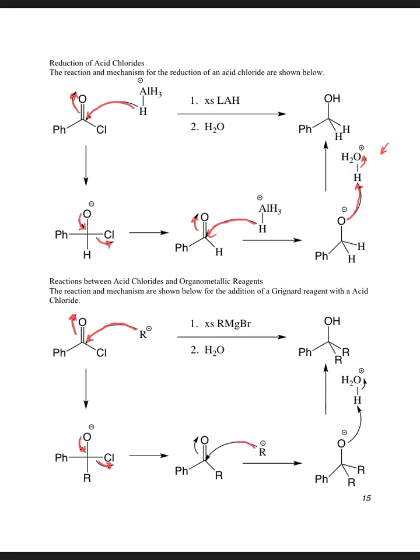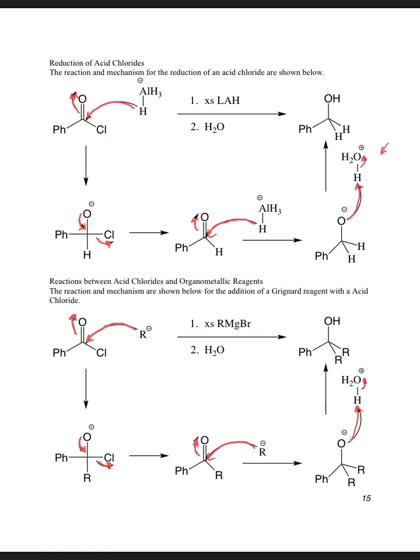And then a second equivalent of the Grignard adds in, breaks the carbon-oxygen double bond to give us the alkoxide. And then it can grab a hydrogen off of acidic water in the workup to give us the tertiary alcohol. So if we use LAH, we reduce it all the way to the primary alcohol in one step. This just happens all at once.